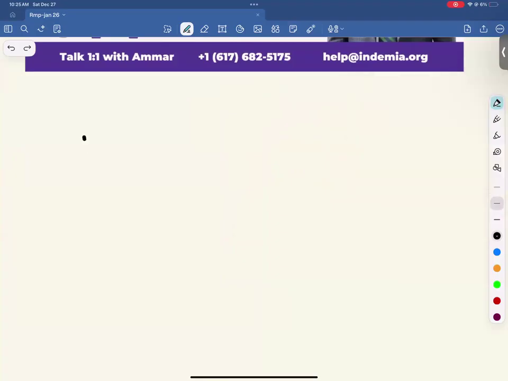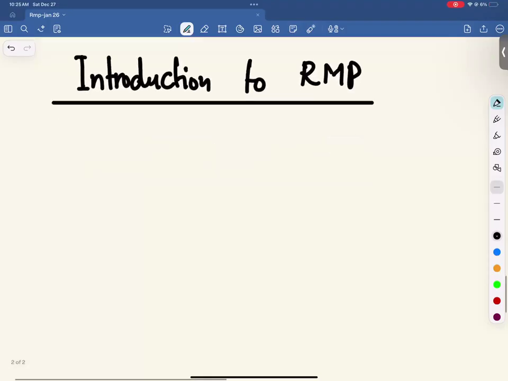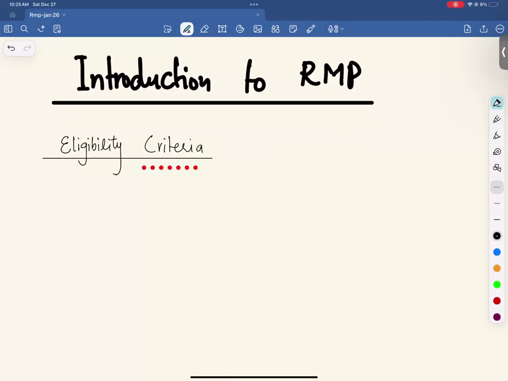First is the eligibility criteria for this exam.